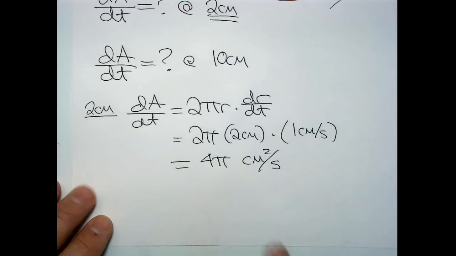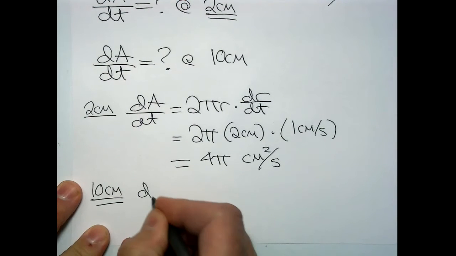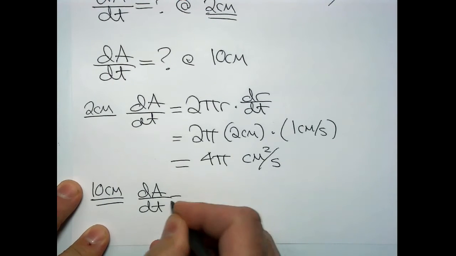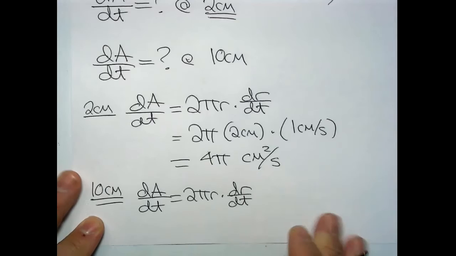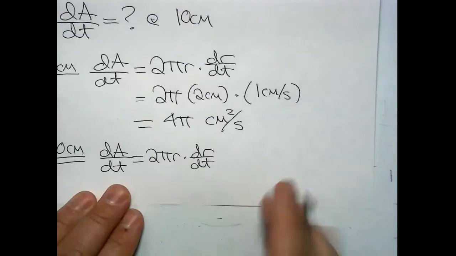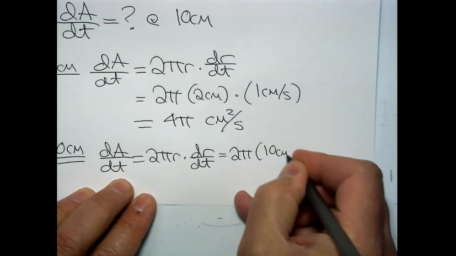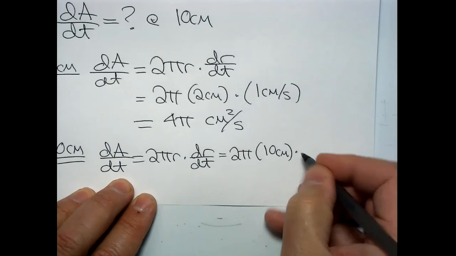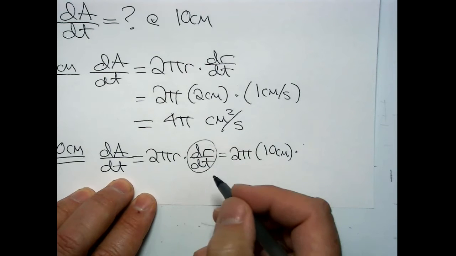Later on, that's going to be higher, like at 10 centimeters. dA/dt is still going to be 2 pi r dr/dt, okay? But this time, r is 10 centimeters, and I want you to keep your units so that the units do match what they should be. dr/dt is a rate of change.